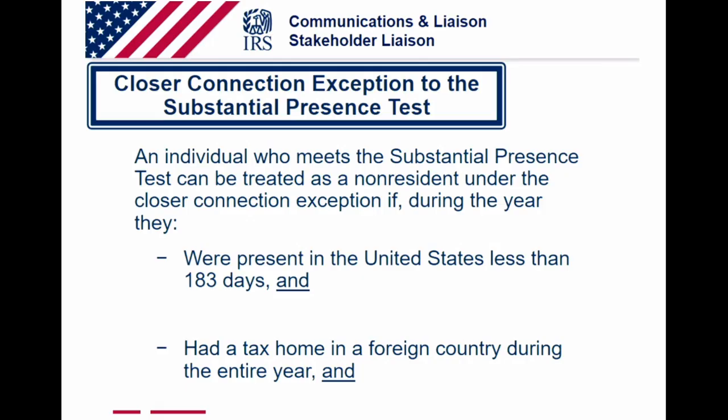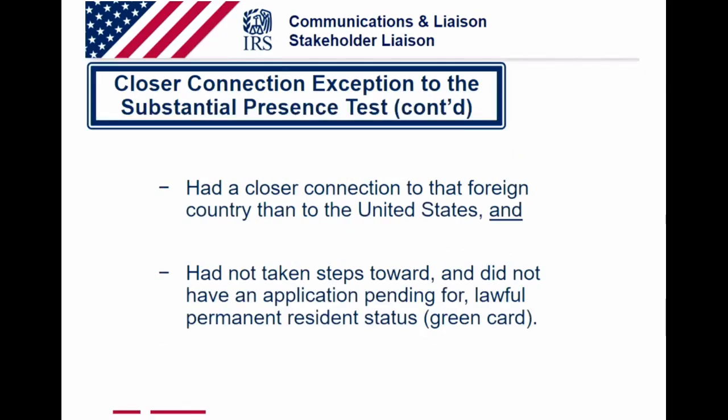The individual was present in the United States for less than 183 days in that year, and they maintained a tax home in a foreign country during the entire year, and they had a closer connection during the year to that foreign country where they have the tax home than to the United States, and they had not taken any steps toward and did not have any application pending for lawful permanent resident status, meaning a green card.